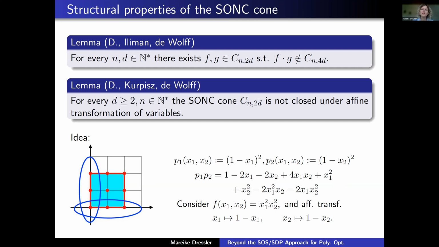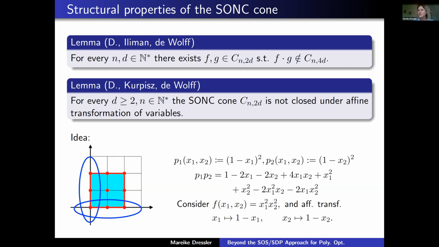So these properties are clearly satisfied for the SOS cone, not satisfied for the SONC cone. And from an optimization perspective, this implies that problem formulations obtained by applying, for instance, affine transformation of variables can lead to very different tractability when using SONC methods.